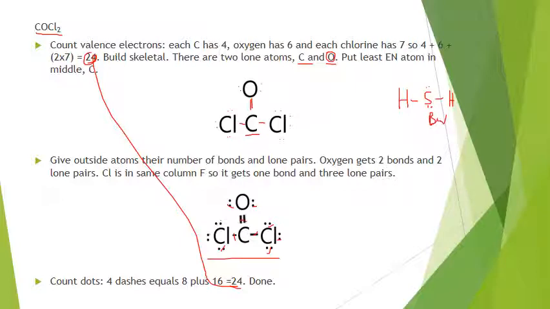The hybrid would be, it has 4 things attached to the center atom, 2 bonds and 2 lone pairs, so this would be sp3. And this is a polar molecule because it has different things attached to the center atom. It has bonds and lone pairs.